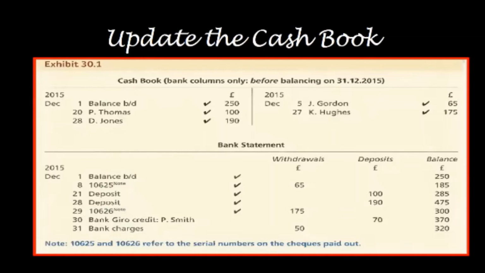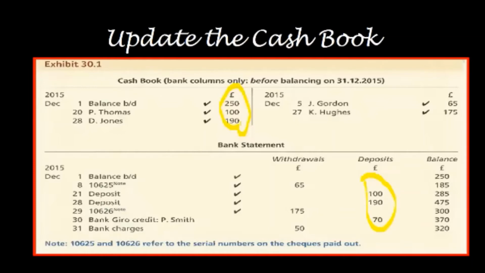So the way to go about it is to compare the cash book with the bank statement. Now, the first difference you would notice is that the things that you have in the debit column here usually show up in the credit column here.